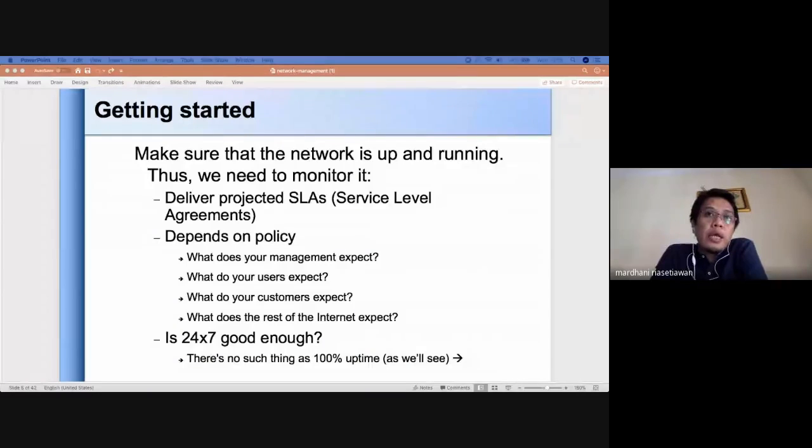So the SLA itself will depend on the policy of the network management that is maintained by the organization.